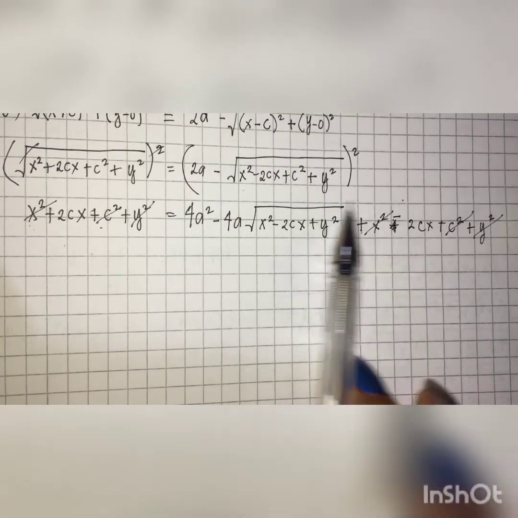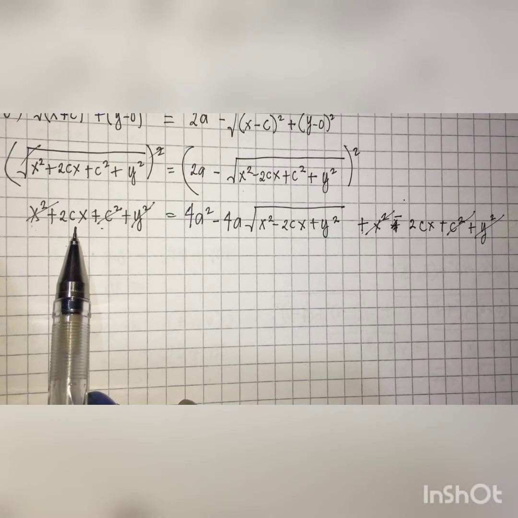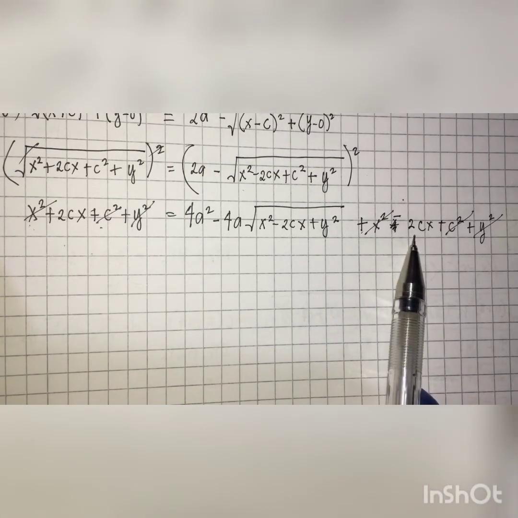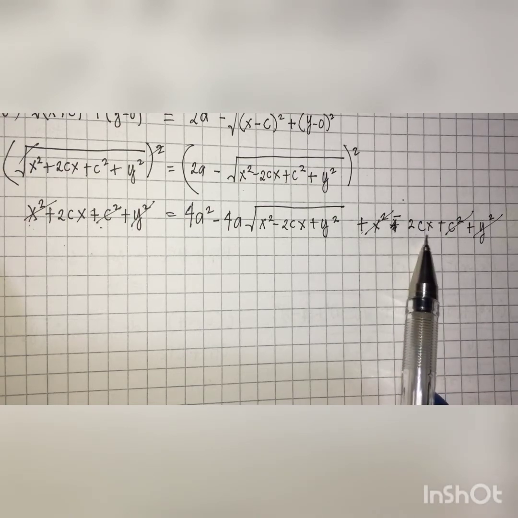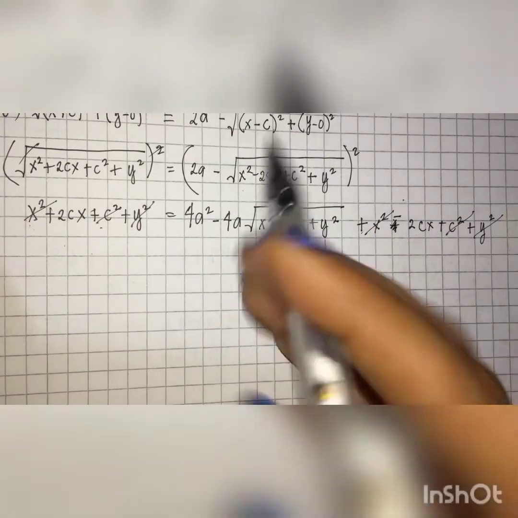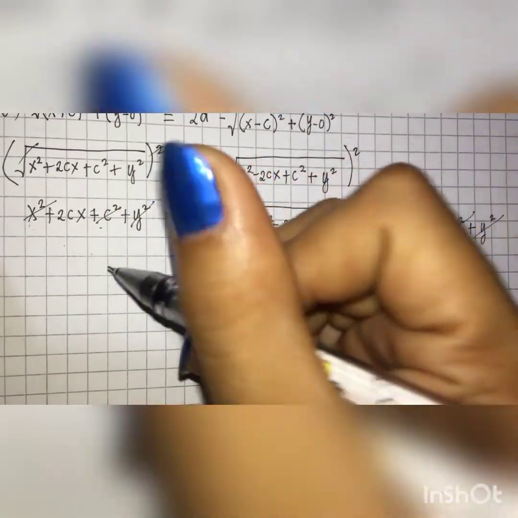Okay, so next is to combine like terms. Since 2cx has the same variable as this negative 2cx, we can combine these two.